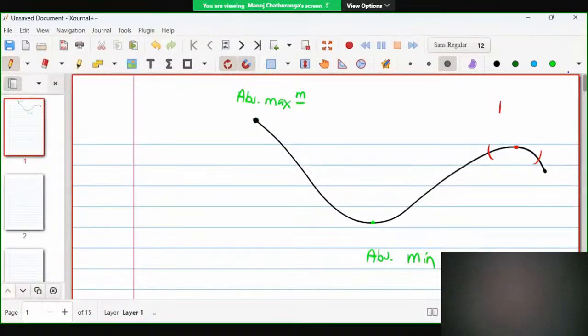So this is a relative maximum. This point is a relative minimum. Now all together these maxima and minima are called extreme values.